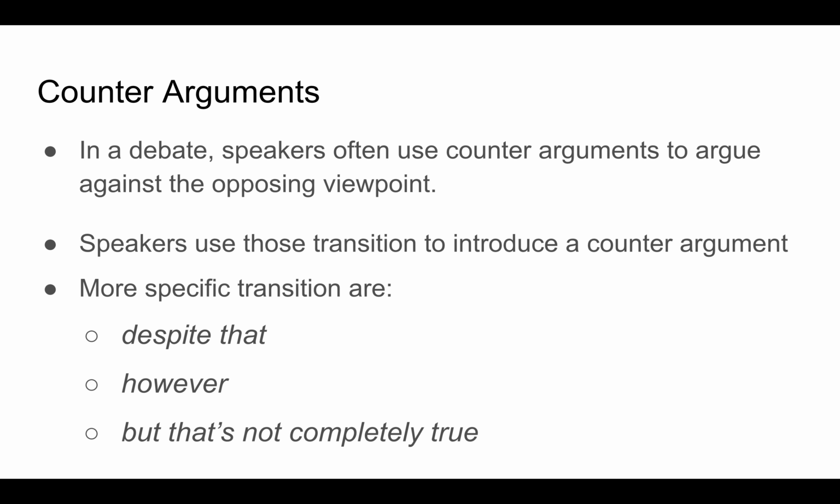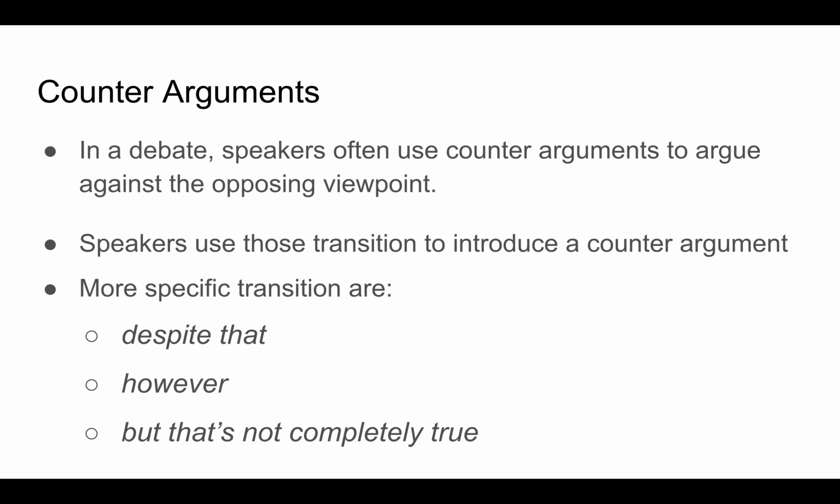In a debate, speakers often use counter arguments to argue against the opposing view. And speakers use those transition words to introduce a counter argument. More specific transitions that the book introduces are despite that, however, but that's not completely true. These are useful.